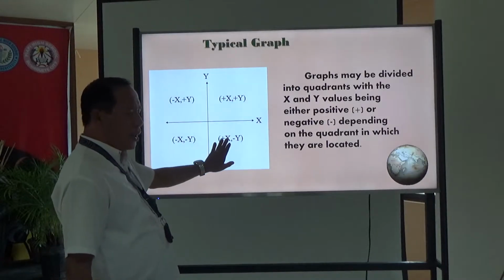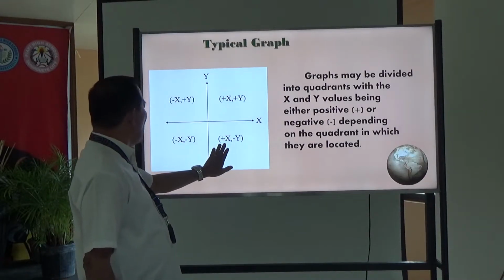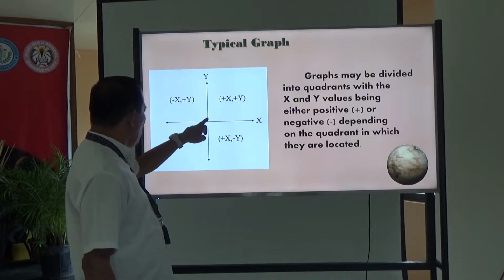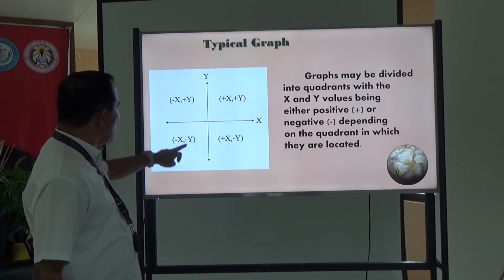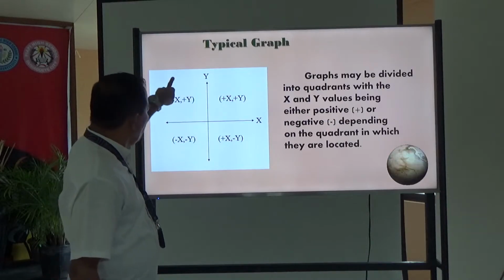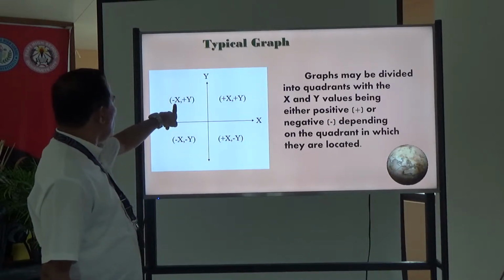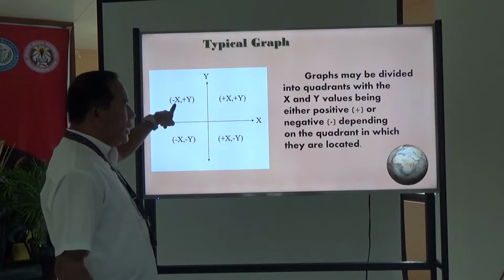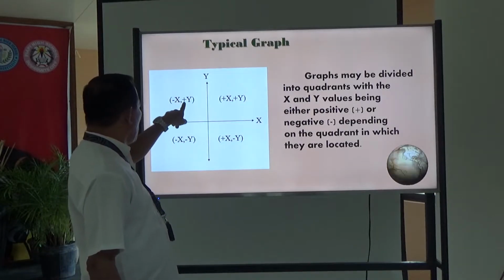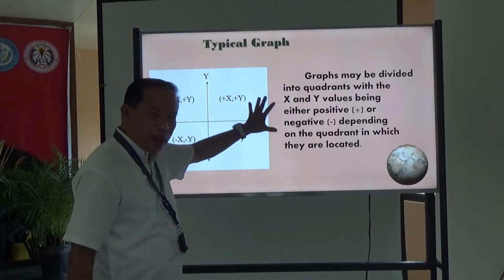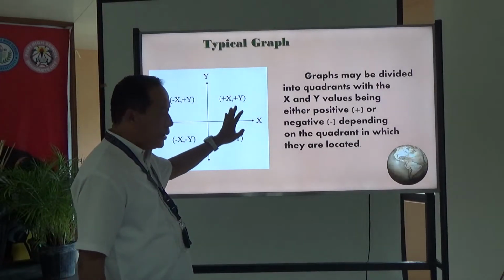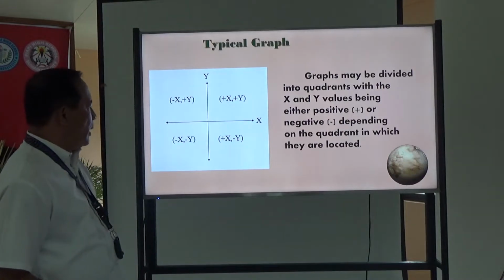In the first quadrant, we have the positive x and the negative y. While this second quadrant has a negative x and a negative y. While this third quadrant has a negative x and a positive y. While the fourth quadrant has a positive x and a positive y. Okay?